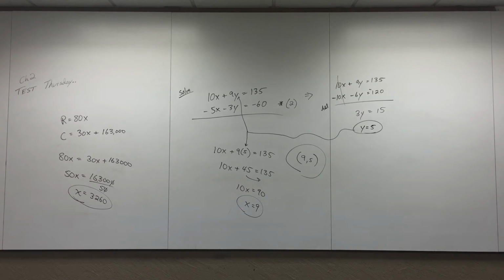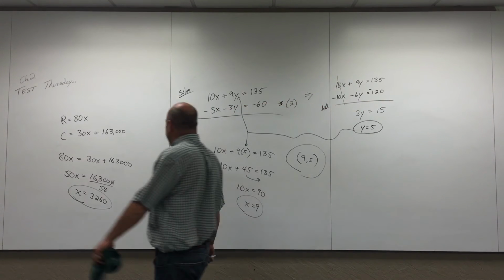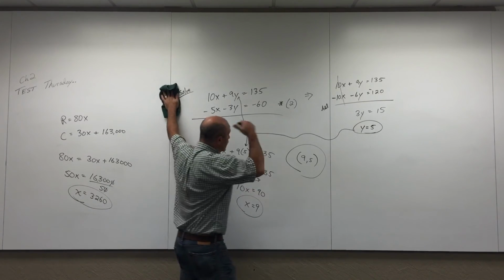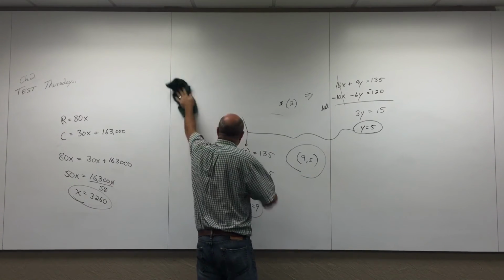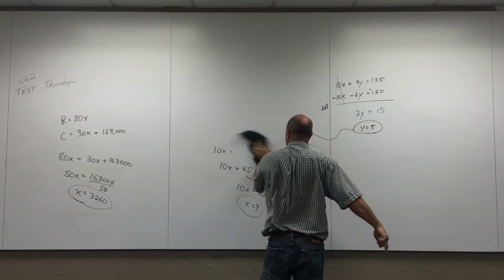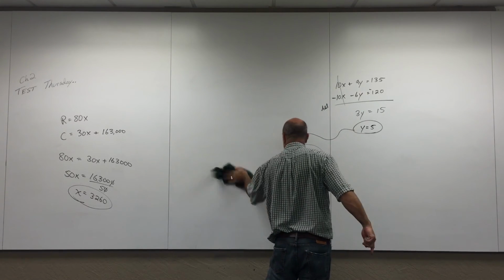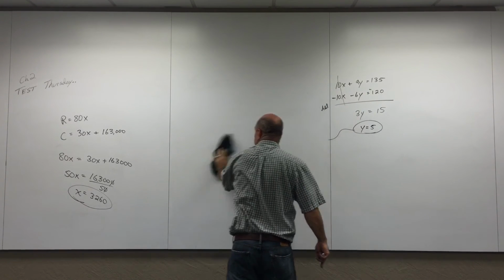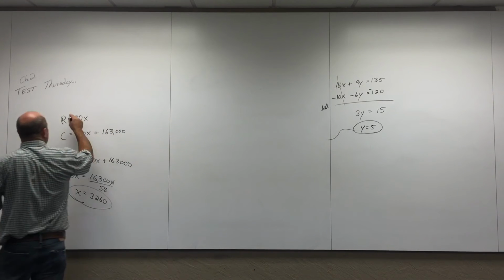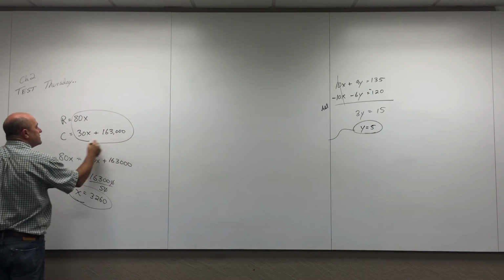You know what I would like to do to make it a little tougher? Remember, on your quiz last week, I did make that problem a little tougher. What if I said this? Instead of giving you the revenue and the cost equations, pretend I didn't give you these equations.